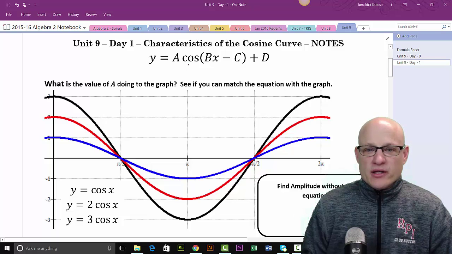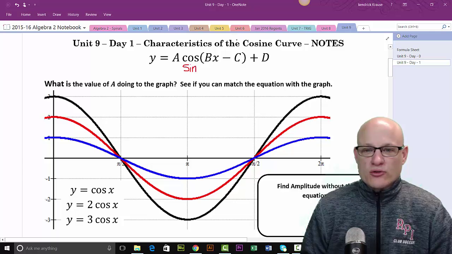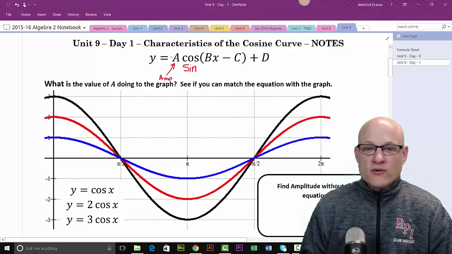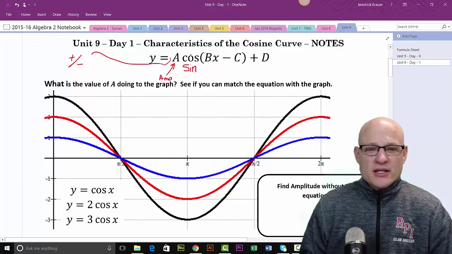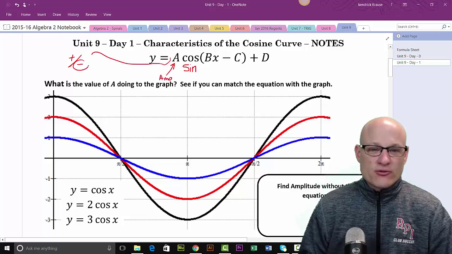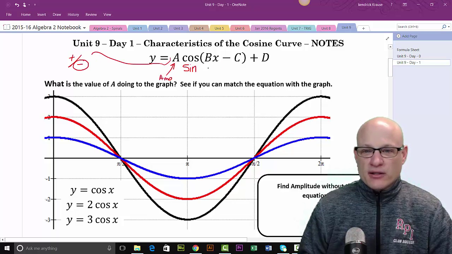Last unit we did the sine curve, the sinusoidal curve. You'll notice none of this stuff's really changed. There's the amplitude. Don't forget also there's an idea that we have to have a plus or a minus. Obviously this one's a plus. The minus has nothing to do with the amplitude. That just tells you the direction that we're going to travel when we first start.